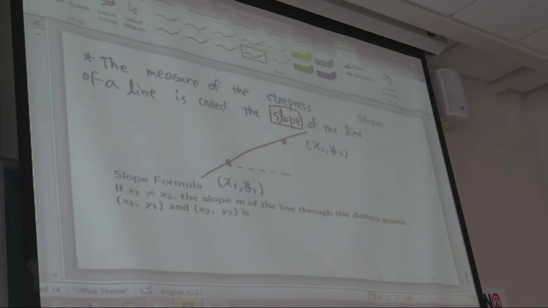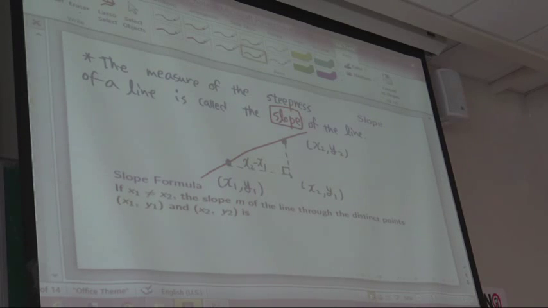For the stiffness, we draw two auxiliary lines, and this is exactly like a right triangle. We don't need this point, but this point is the same as x2, y1. The y value is the same as this point. The x value is the same as the second point. So that is x2, y1.